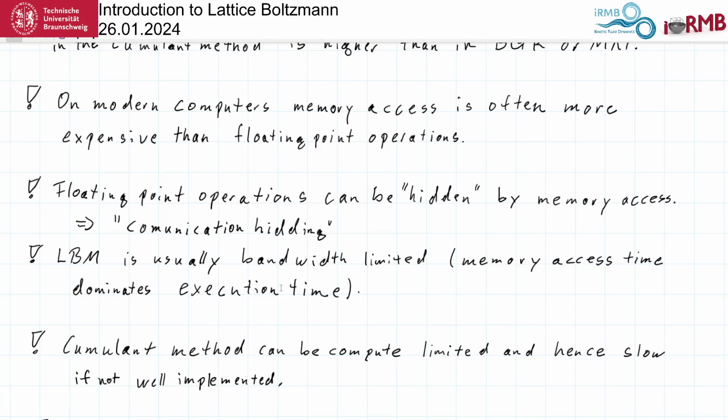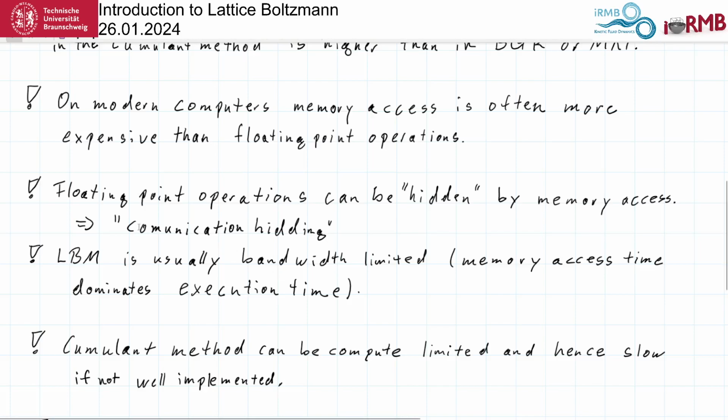So you have a lot of data that you have to read, then you have to do a few operations, and what slows you down is getting the data into your processor. So doing more operations will usually not matter; say, in a comparison between BGK and MRT, you will hardly see any difference, even though MRT does more operations, but not so much more. And the expensive part is the reading of the data.